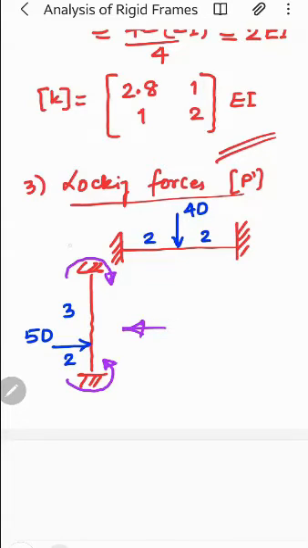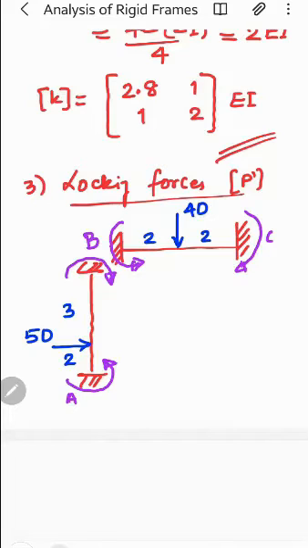The left will be the anti-clockwise, right will be the clockwise. So now this is the direction, and this is anti-clockwise and this is clockwise, right? Now calculate the values. This is A, this is B, this is C.